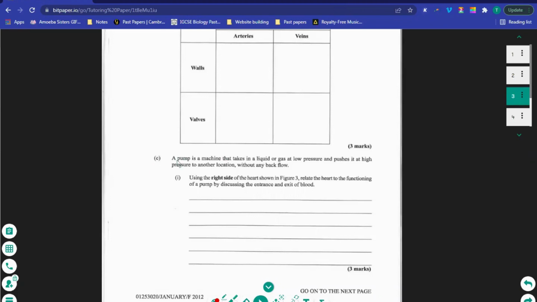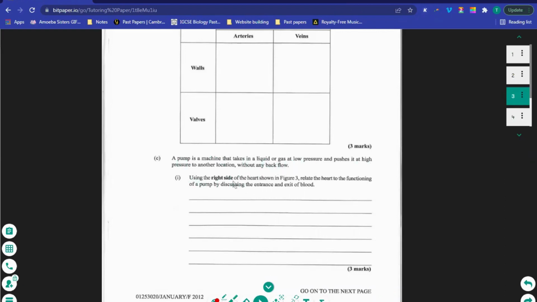So part C, they're explaining to us how a pump works, and we have to relate that to the heart. A pump is a machine that takes in liquid or gas. In this case, the pump is going to be the heart. The liquid is the blood. It takes in this liquid or gas at low pressure and pushes it at high pressure to another location without any backflow.